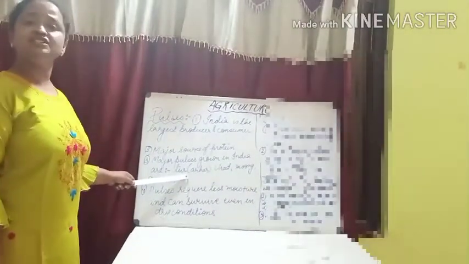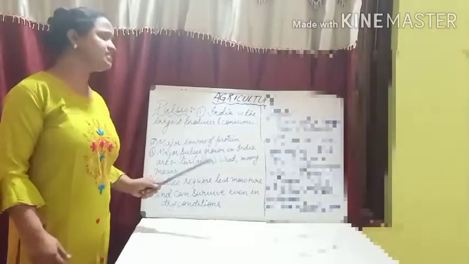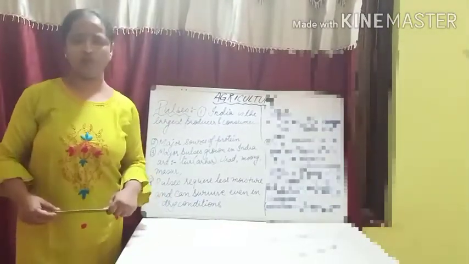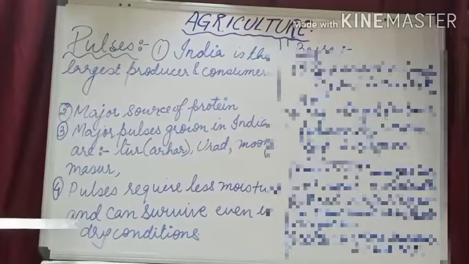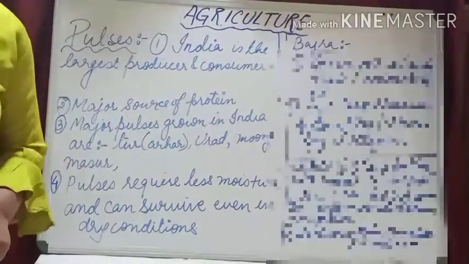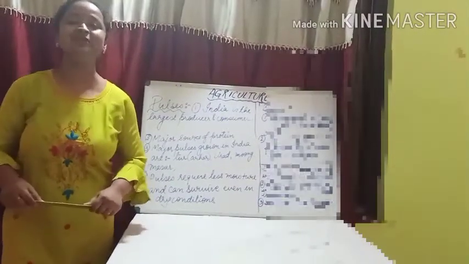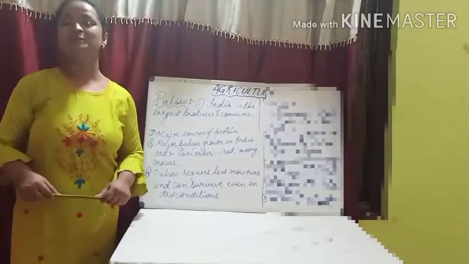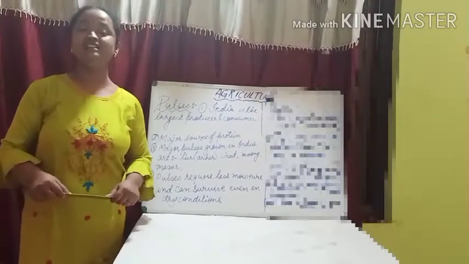The oily one is used in Gujarat and Rajasthan areas, in the rest of the areas we use the non-oily one. Pulses require very little moisture and can survive even in dry conditions. And you might have heard a proverb, right? Dal roti khao, Prabhu ke gun gao. Yes, it is also considered a dietary food.